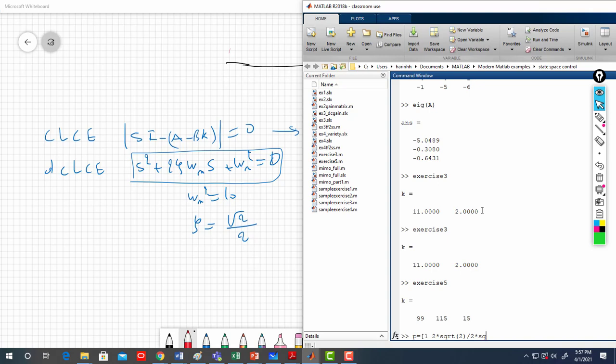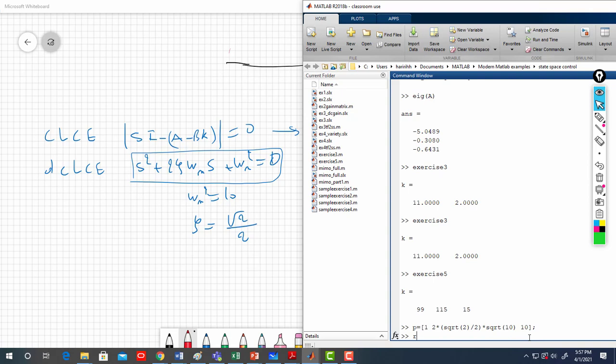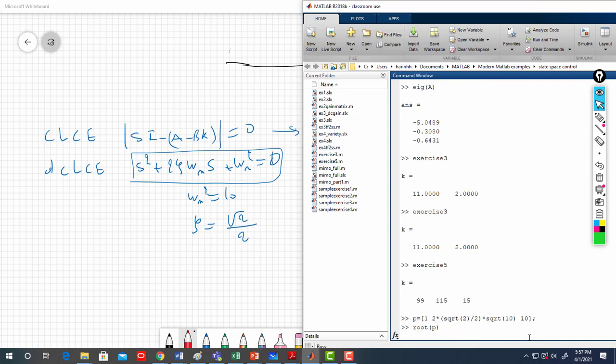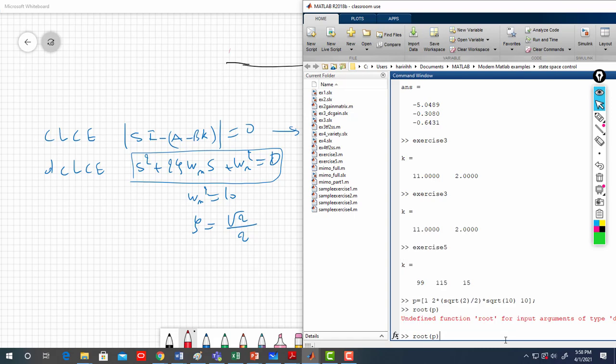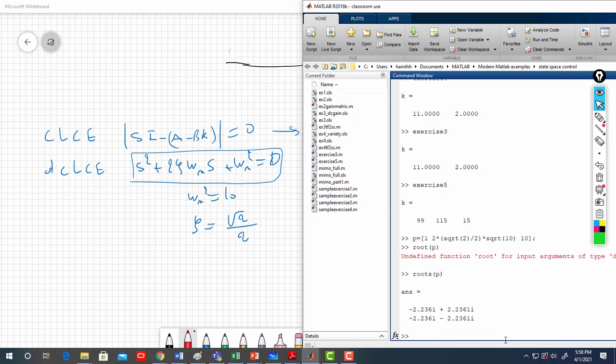Omega n is actually square root of 10. So here is zeta and here is omega n. This is your polynomial p, and the roots of p. Okay, this is your roots of p, right?